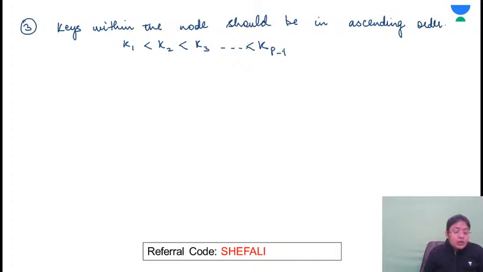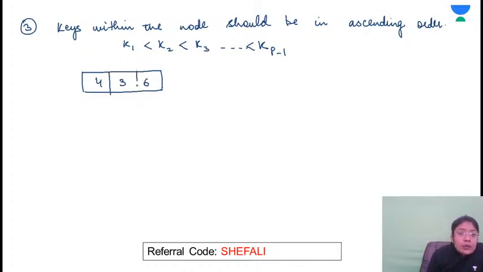value, that is X. For example, what do I mean by this point? If I'm saying that a node of a B tree is containing the elements something like 4, 3 and 6. Is this allowed? Here, this is key 1, this is key 2, this is key 3. Are they in the ascending order?